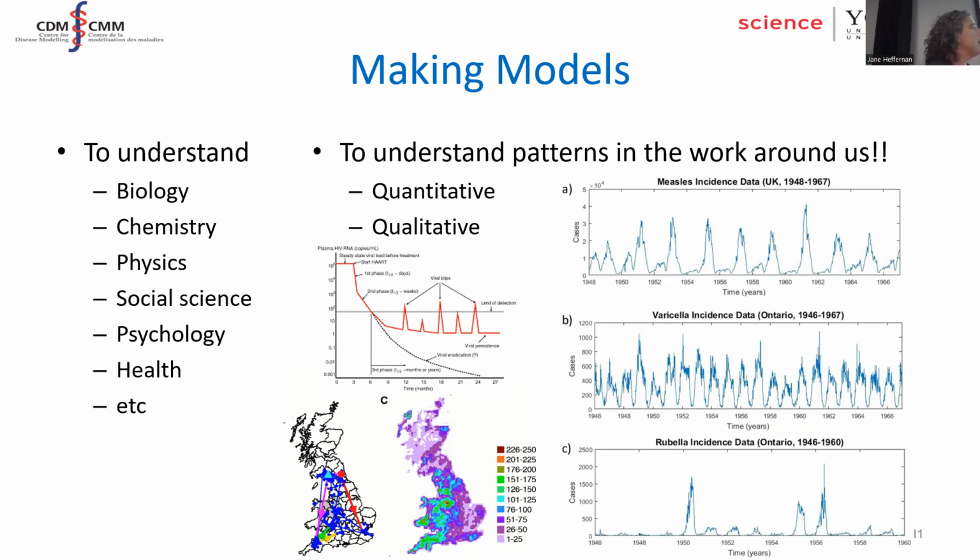As a postdoc, I became more interested in trying to understand childhood disease incidence in populations. And so we look at these periodic outbreaks of different diseases in the population. So this is measles in the UK, varicella in Ontario, and rubella in Ontario. And you can see that these diseases have this periodicity to them.